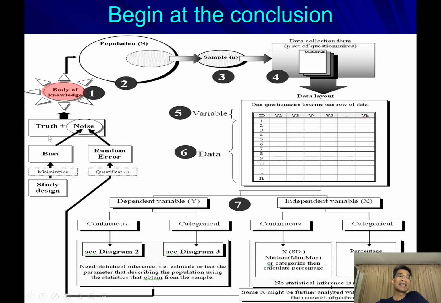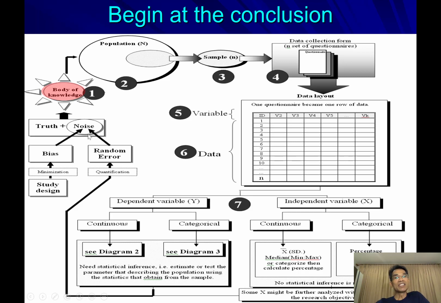So we need to understand about this magnitude being quantified for this conclusion, that it comprises two components. It could be truth plus some noise. It's unavoidable, there is some noise, because everything is unstable, is variable.